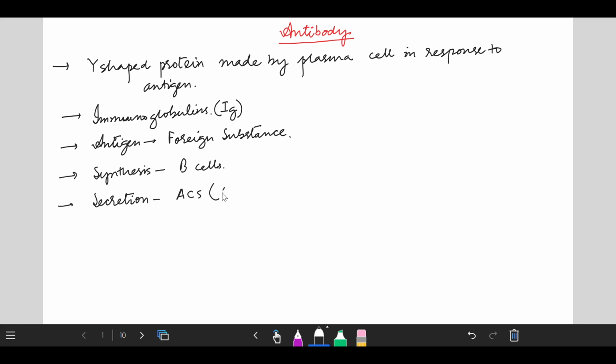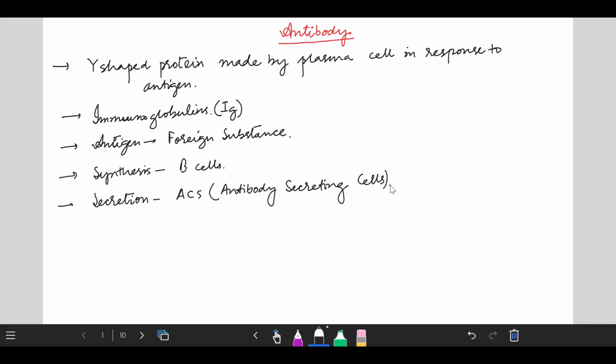Now, what are antibody-secreting cells? Antibody-secreting cells are the differentiated form of B cells. B cells are converted or differentiated to form antibody-secreting cells. Okay, clear?